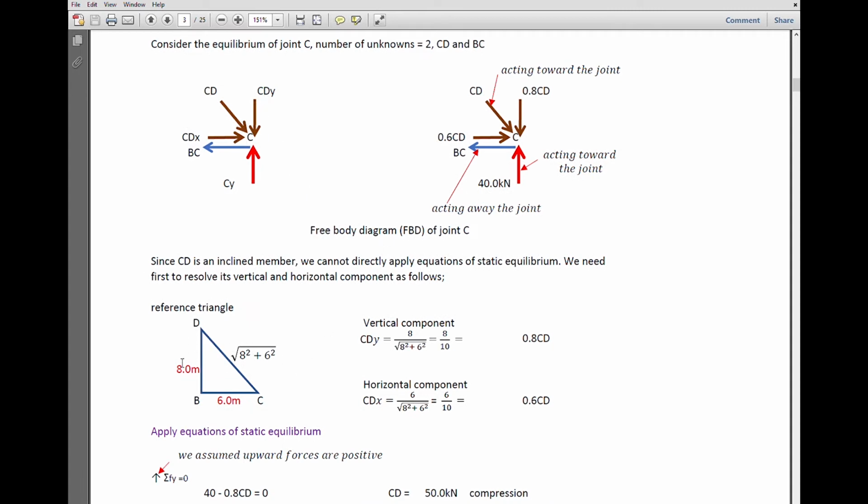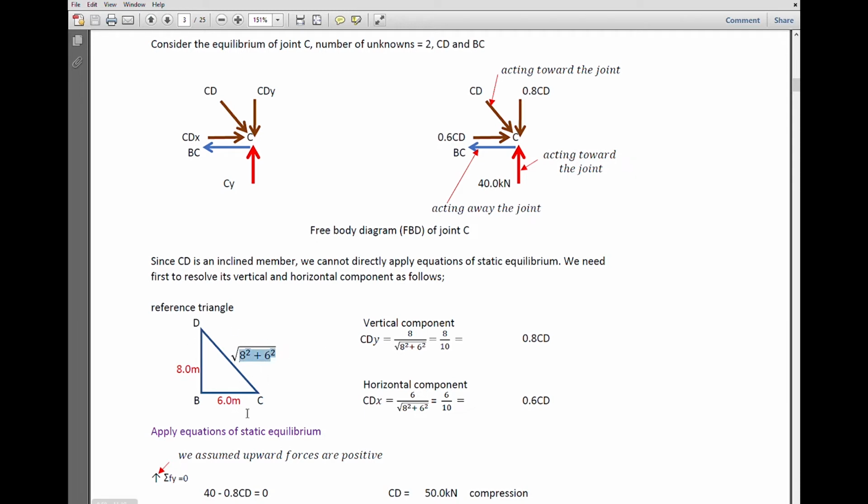So, paano natin makakukuha? Ito yon guys, ito yung CD natin, member CD natin. Yung dimension niya, that is, yung height is 8 meters, and yung base length is 6 meters. So, this is a right triangle, therefore, we can solve for this distance, that is square root of 6 squared and 8 squared. So, the vertical component now, guys, is equal to 8 divided by this value of CD.